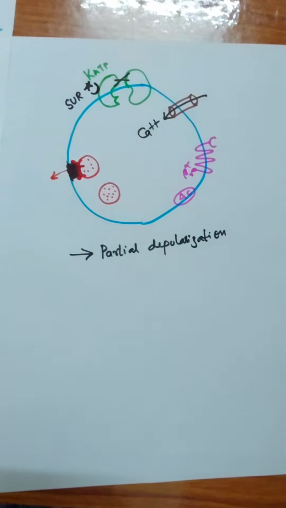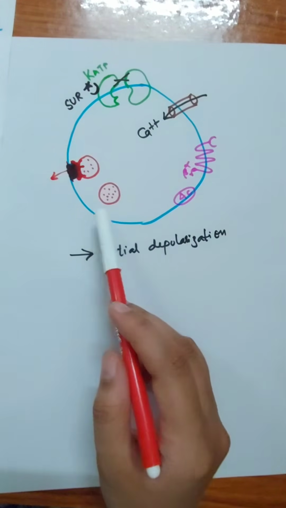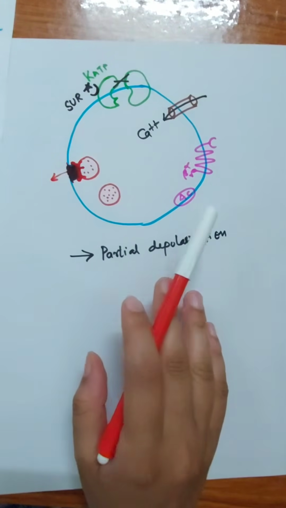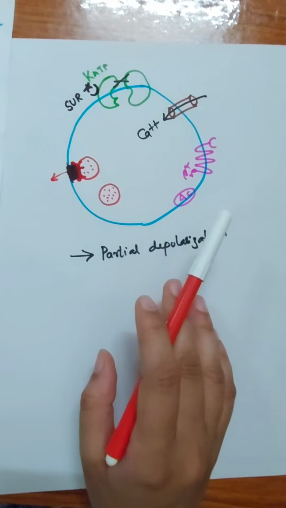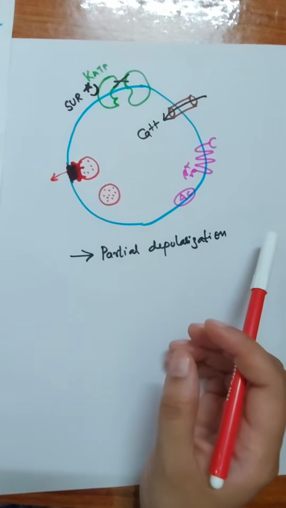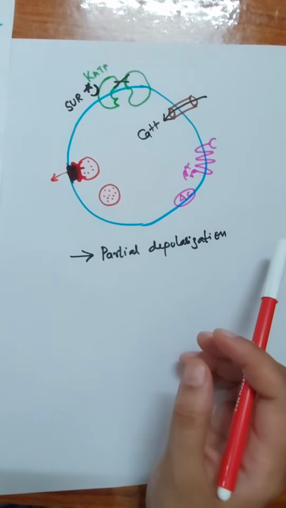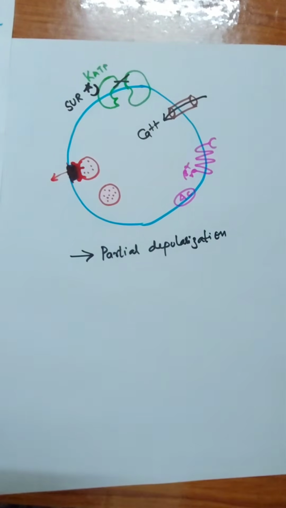Next thing is, the rate of insulin secretion at any glucose concentration is increased. That is, insulin release is provoked even at low concentration of glucose, thereby risking the production of severe and unpredictable hypoglycemia. Okay, so this is the problem with sulfonylureas.